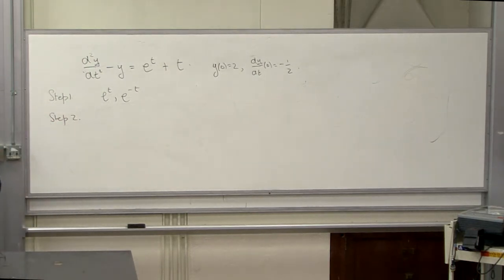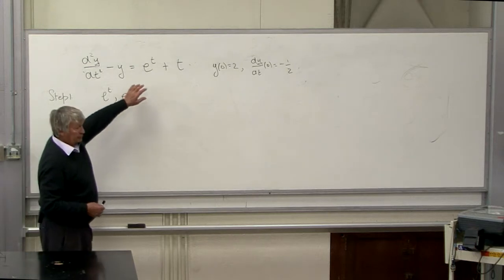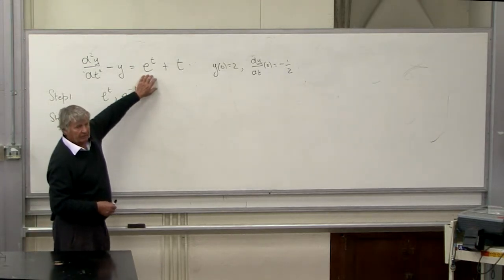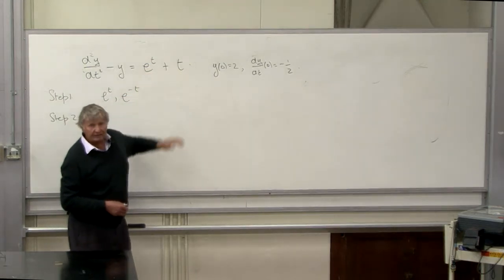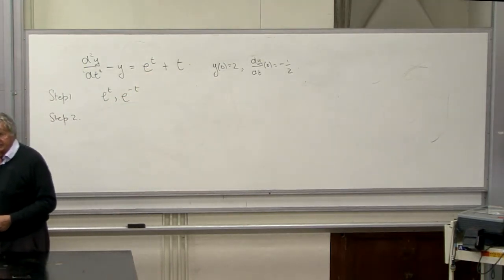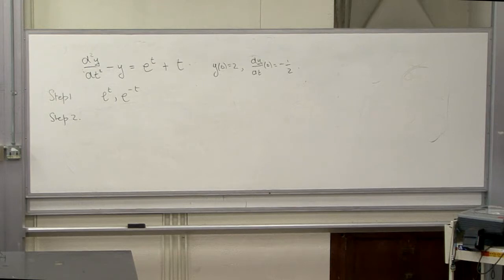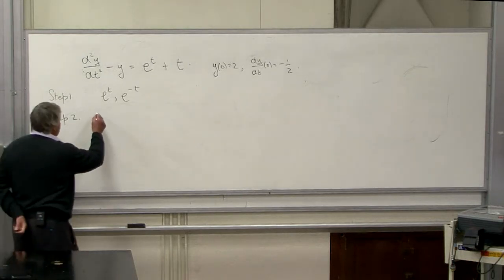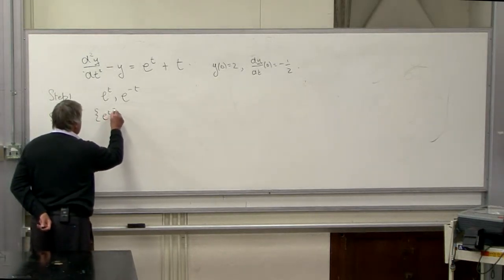I've told you before that you can do this problem in 2 stages, if you like. You can solve with the right-hand side e to the t, and then do it again with the right-hand side t. But I'm going to choose to do them all together. There's one important thing I want to bring to your attention when we do them together. I have to write down the auxiliary sets for each separately.